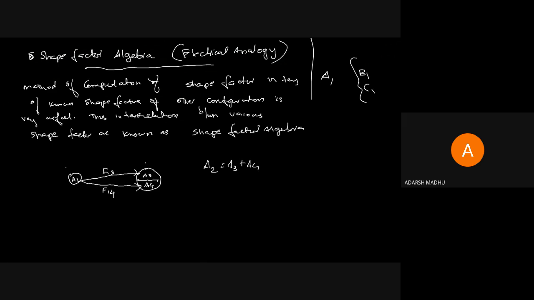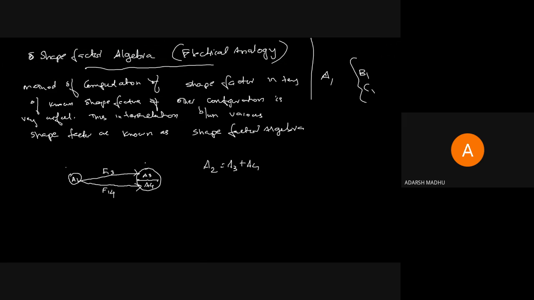So shape factor for A1 to A3 is F13, and shape factor for A1 to A4 is F14. So total body A2 equals A3 plus A4. So by our theorem, we can find the shape factor value of any body by knowing the shape factor values of the other two or three bodies relating with it, right?